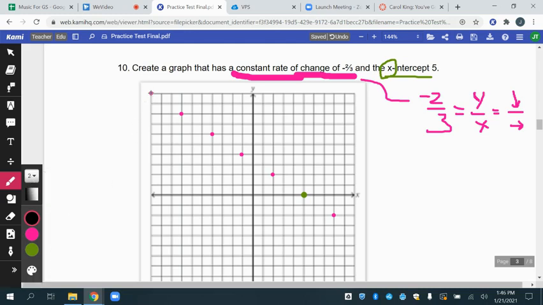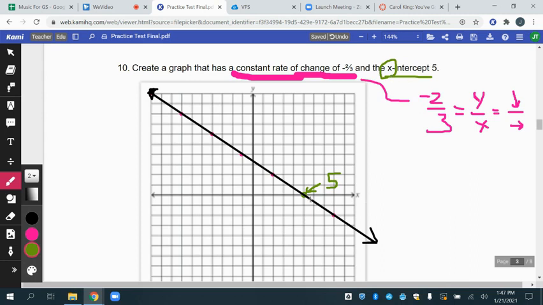All right. So here's our line. There we go. There's our line. And now we want to really quickly remind ourselves this is our 5, where it crosses the x-axis.